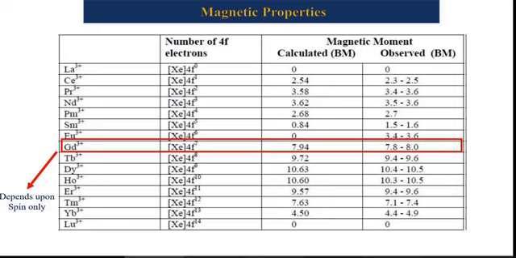Again, I will repeat. In the case of samarium plus 3 and europium plus 3, the spin orbit coupling is only about 300 to 400 centimeter inverse. This means that the energy between the ground state and the next higher state is quite small, and it can be achieved by thermal motion. Due to this, it cannot be calculated by the ground state alone.